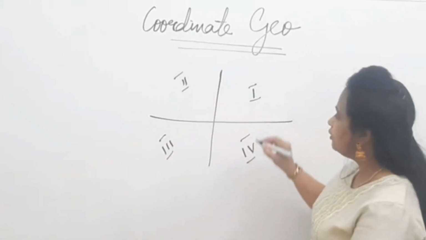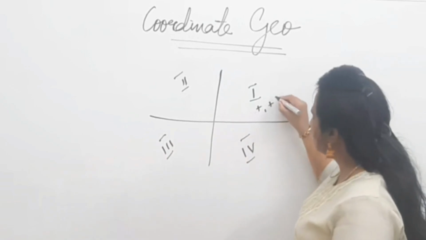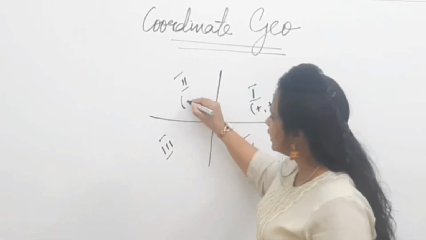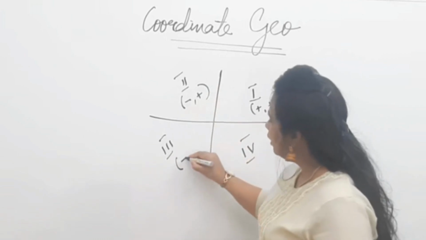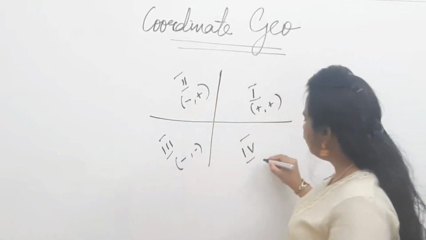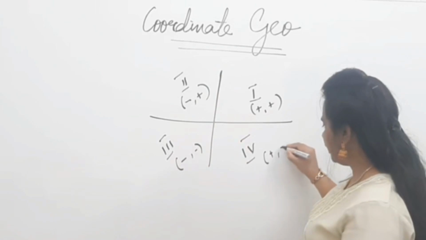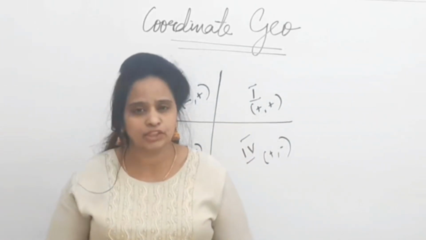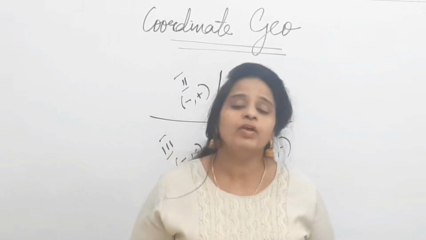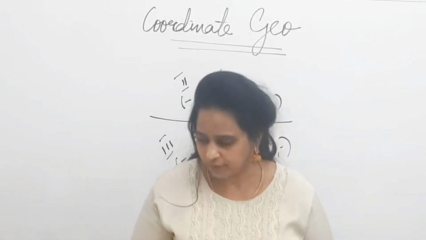The first quadrant has coordinates plus, plus; the second quadrant minus, plus; the third quadrant minus comma minus; and the 4th quadrant plus comma minus. This is the first thing that you will get in your memory when we talk about coordinate geometry.